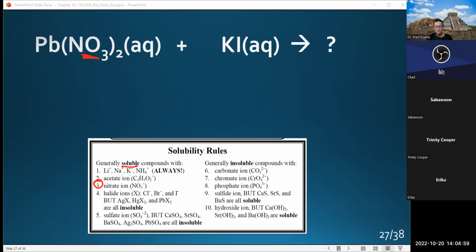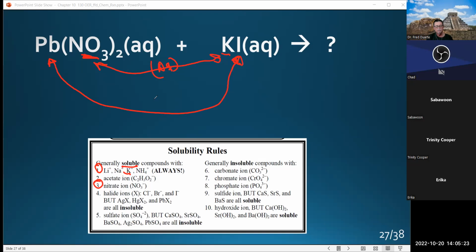That means that when I attach it to potassium, it definitely is going to be soluble, because it's a double whammy. Potassium is part of the big 4, and then we got the nitrate, so no question about it. Potassium nitrate is soluble. Now let's take a look at lead and iodide.